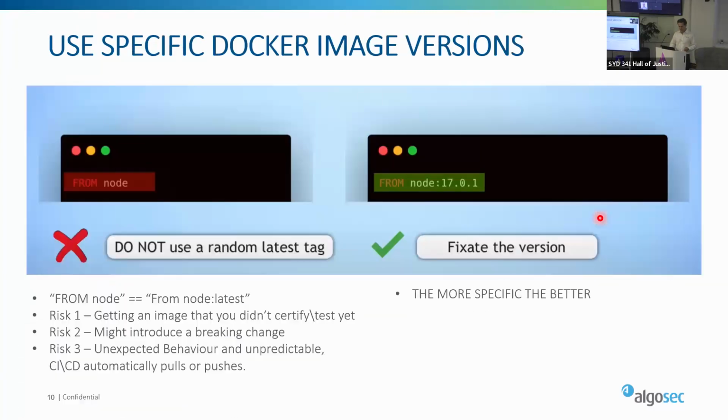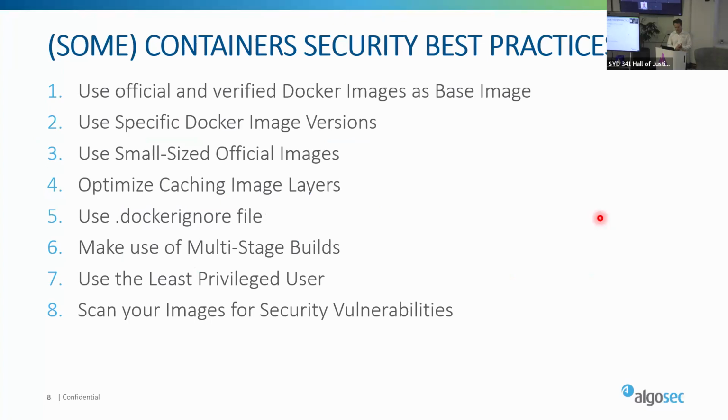The other things I would mention are using a Docker ignore file. If you have a certain dependency chain that you don't want to pull, you can always use a Docker ignore file to avoid them.